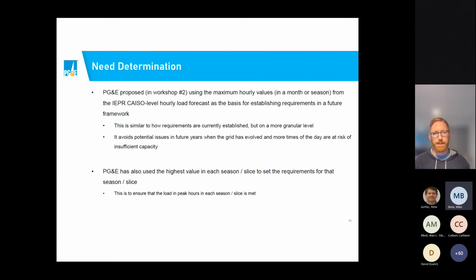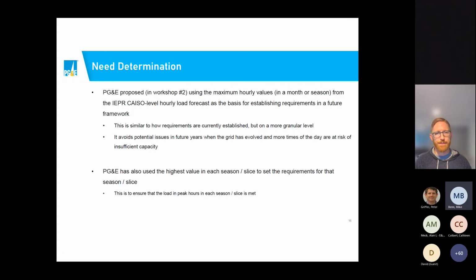But the risk if you do something like that is that in the hours that are higher, you could potentially have reliability problems, and so that's why we had focused on that highest value approach. Just as an example, think of a 4-hour slice. Some of those hours in that slice, the load is going to be higher, some will be lower. You would essentially be setting the requirement at that highest hour.